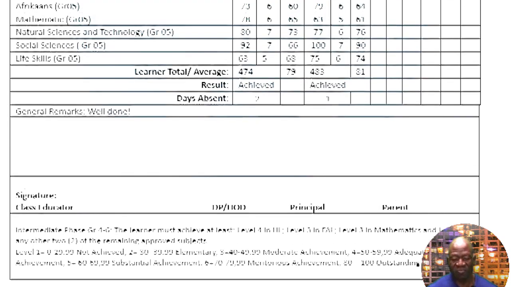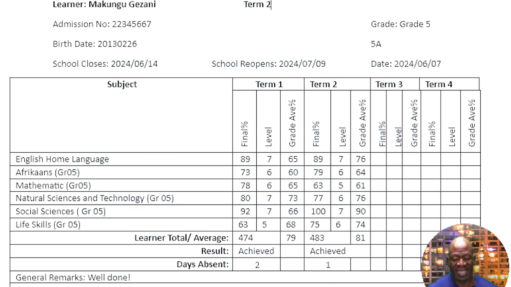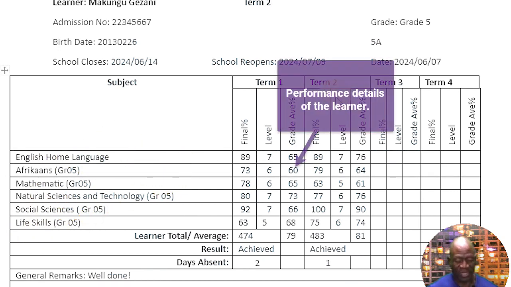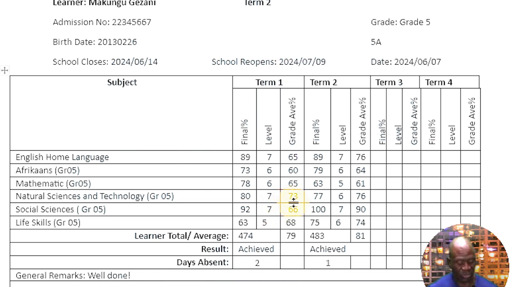Then as we move right along in terms of the other information that must be in a report card, it's about the subjects that are offered at the school, right? And then here, that is where we get the performance details in terms of the percentages that the learner has obtained, and also the levels. All right, they are indicated next to the percentages.